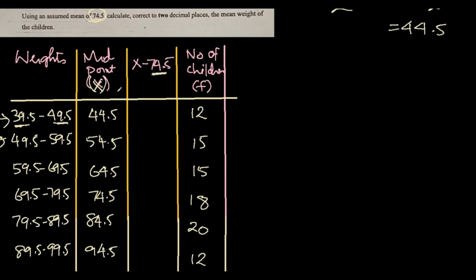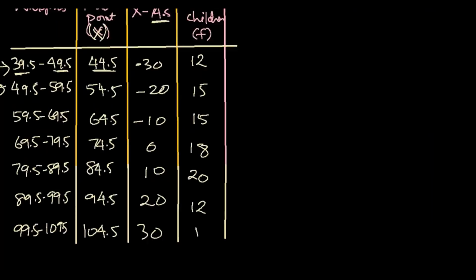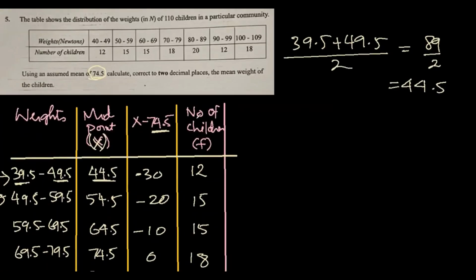So 44.5 minus 74.5 is straightforward, it is 30 less, so it will be minus 30. Then we'll have minus 20 here, minus 10, 0, positive 10, positive 20, and then positive 30. Then in the next column, I have written the frequency for each one as it was given.